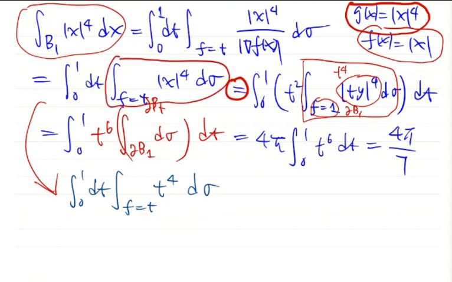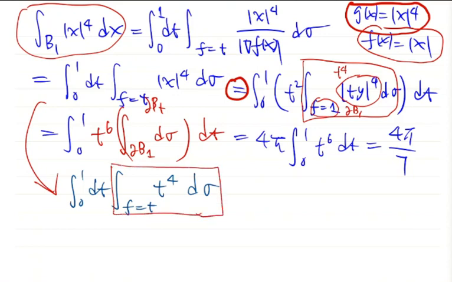Okay. So now for this integral, t is a constant. So this is equal to the integral over t of the integral over f equal to t of d sigma, then dt.